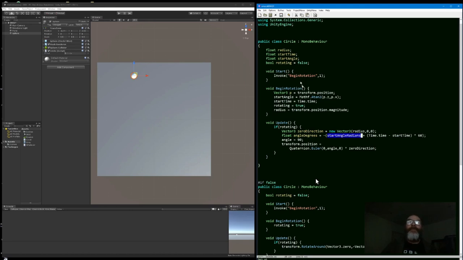I'm going to write this explicitly out, so there's that start angle in degrees equals that.